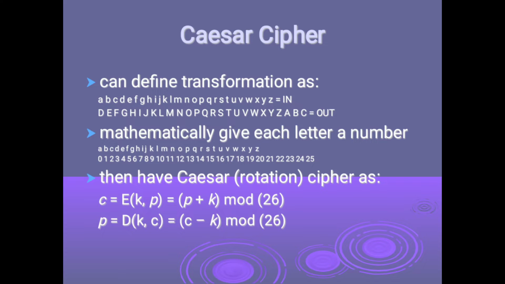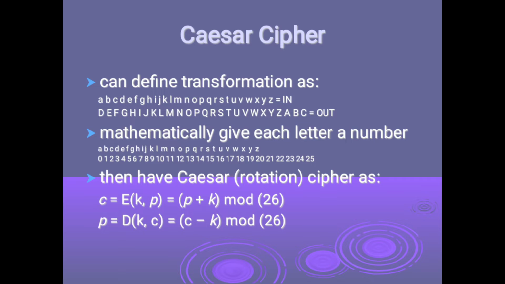How can we represent it mathematically? A to Z is represented numerically as 0 to 25 for each alphabetical letter. Then we have the Caesar cipher as C, meaning ciphertext.